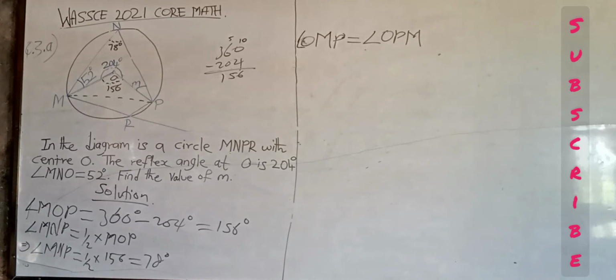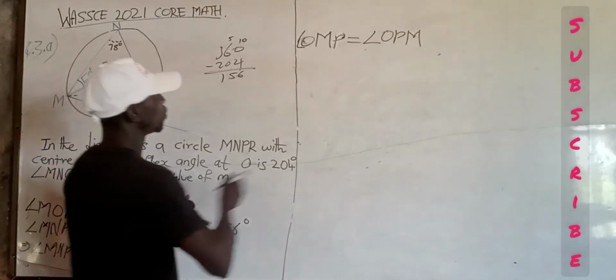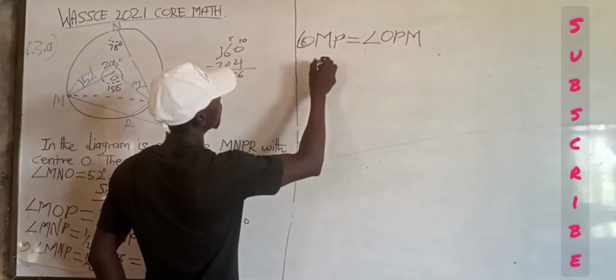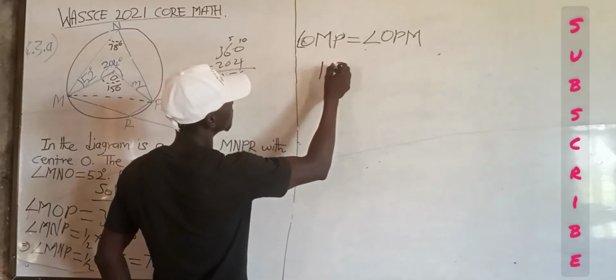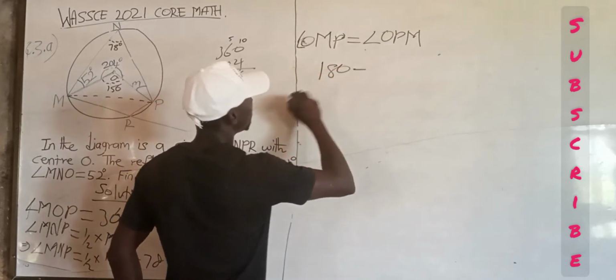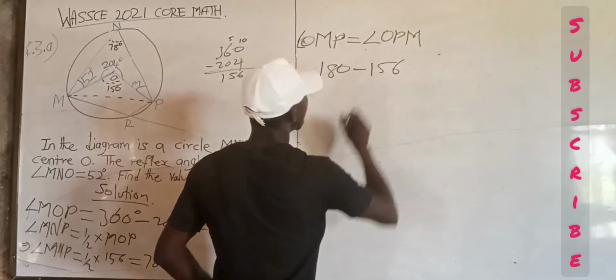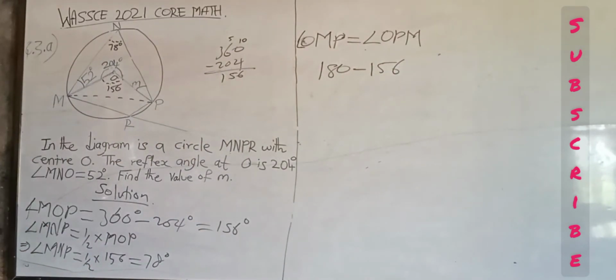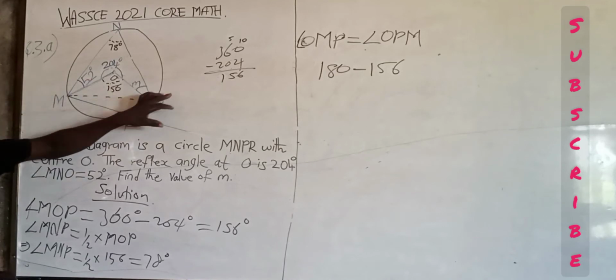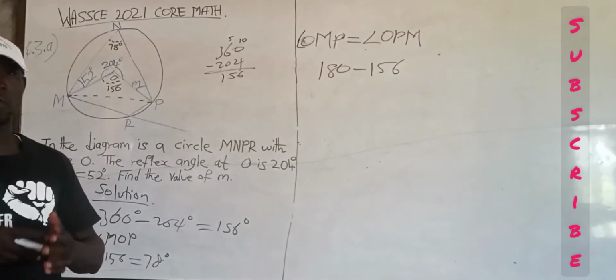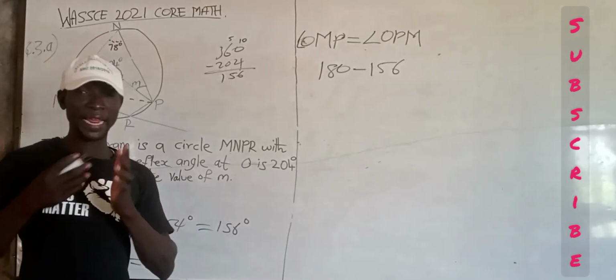So we have 180 minus 156, because the sum of all internal angles of a triangle is 180.